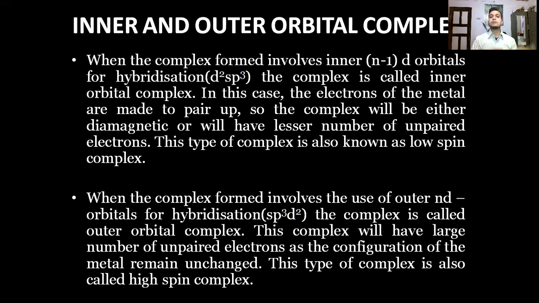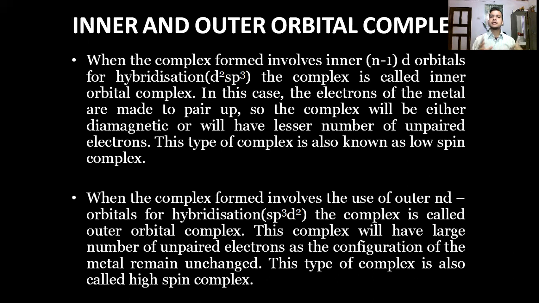And whenever we talk about sp3d2, it will be the outer orbital complex, where the outer d orbital is used, which we have seen in the case of [CoF6]3-, the outer 4d orbital, which we represent as nd orbitals. So whenever the hybridization is sp3d2, we always call it an outer orbital complex. In this type of complex, the number of unpaired electrons tends to remain more because the configuration of the metal remains unchanged. That's why they are also called high spin complexes.